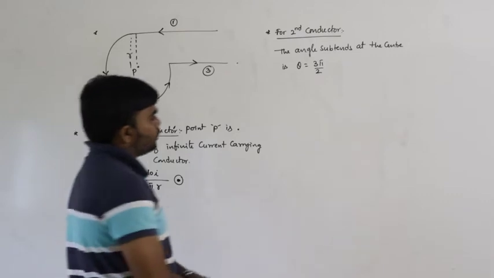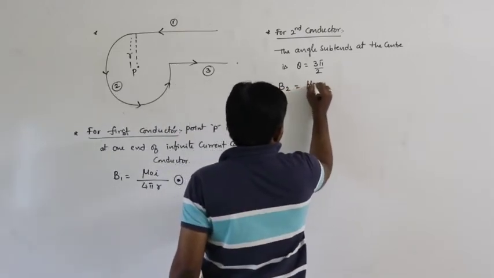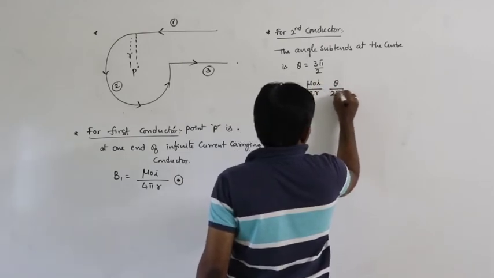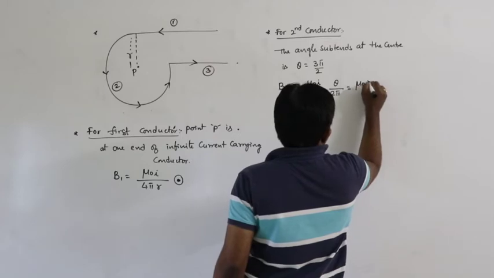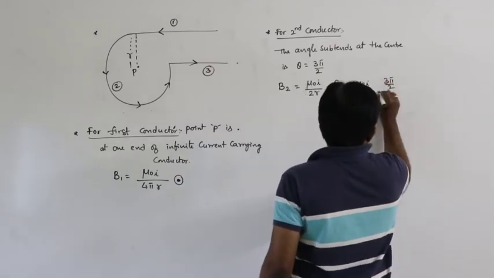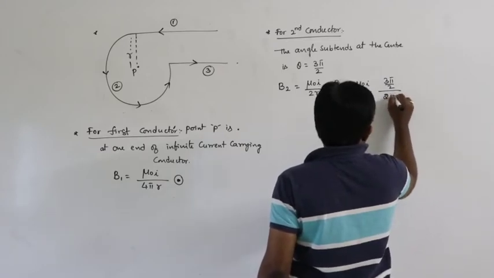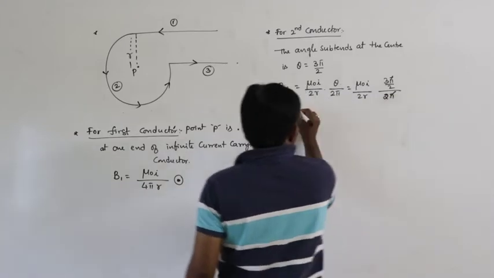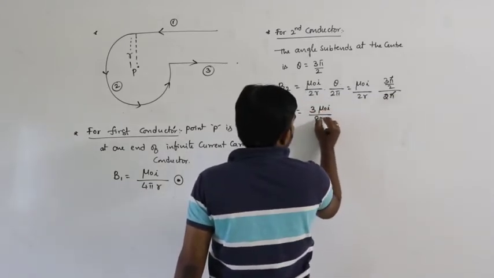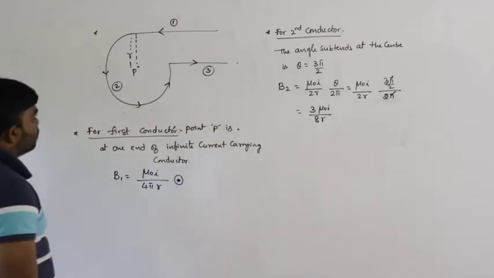Therefore magnetic field B2 is equal to mu naught I by 2r into theta by 2 pi, the actual formula. So from this, mu naught I by 2r into 3 pi by 2 divided by 2 pi. Pi gets cancelled. So that is equal to 3 mu naught I by 8r.